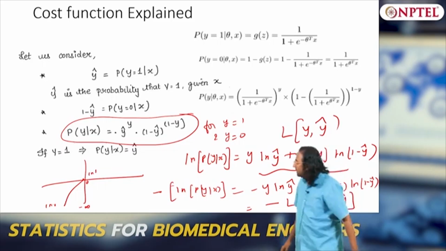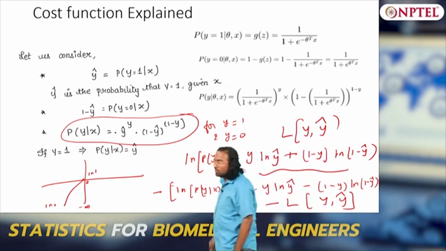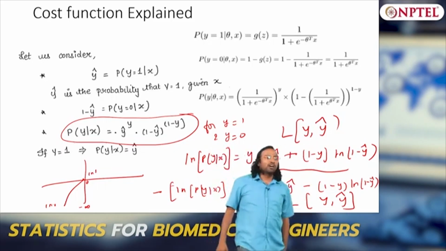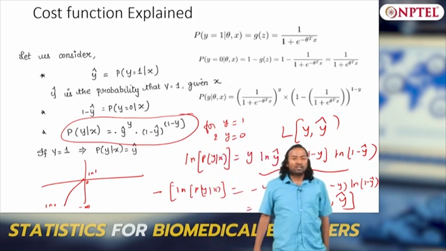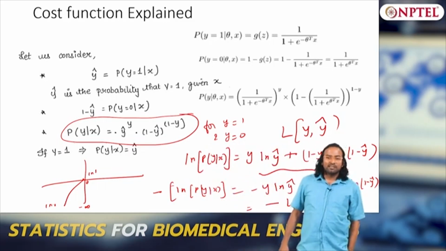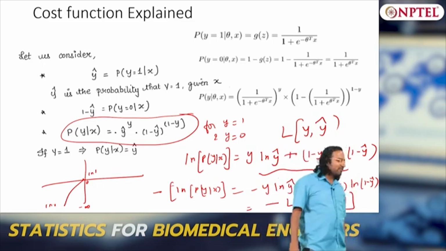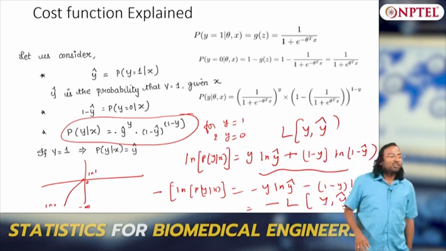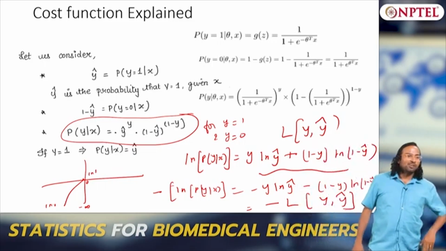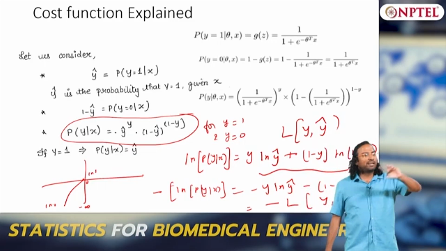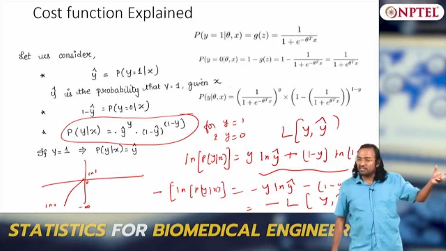and this function is also called the cross entropy function. Have you heard of this name, cross entropy? If you go through neural networks or machine learning, the objective function for classification is cross entropy, that is how much probability that it will be classified erroneously.